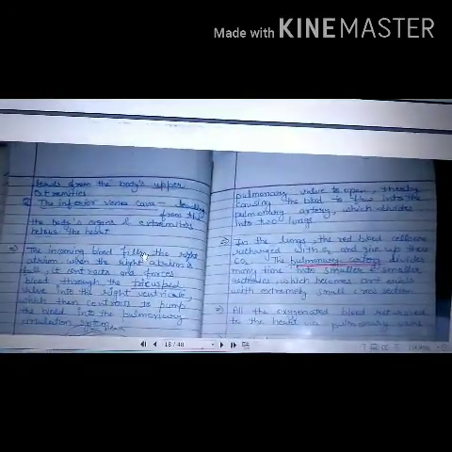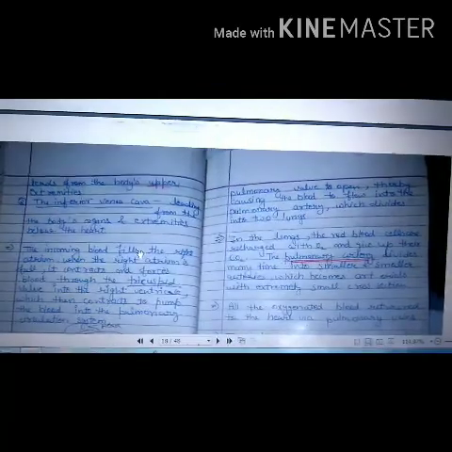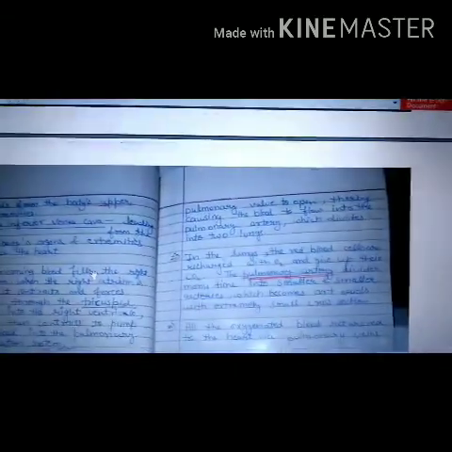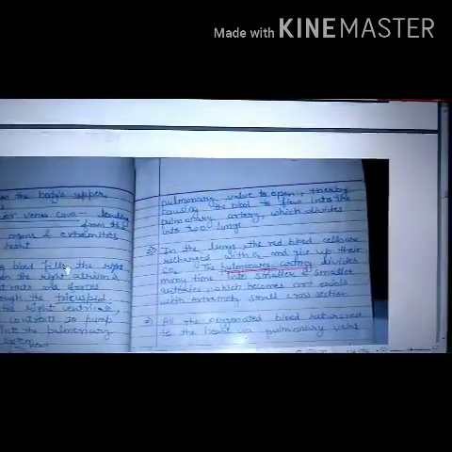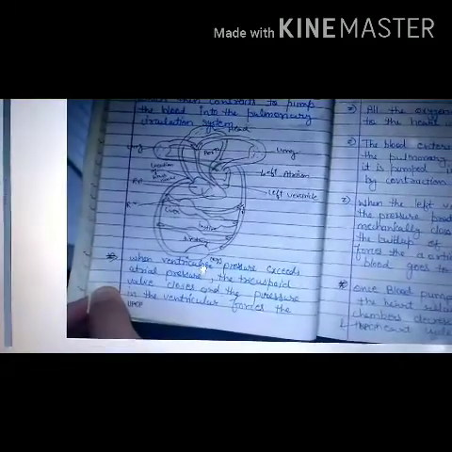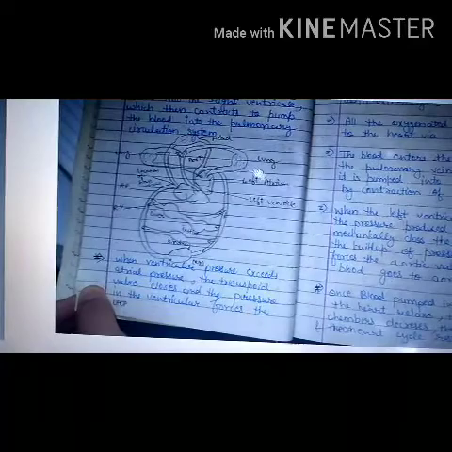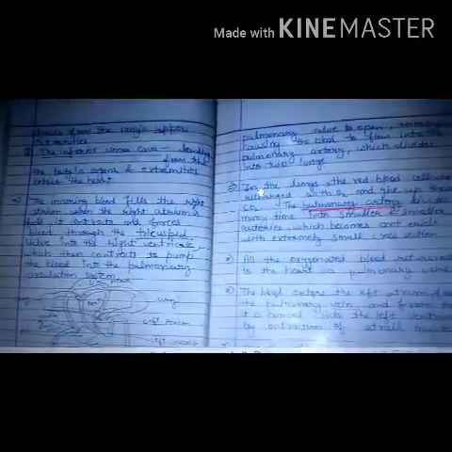It prevents the flow of blood back into the atrium. Now at this point, because of the high pressure, our pulmonary valve opens and allows the flow of blood into the pulmonary artery. Now the pulmonary artery is responsible for taking the blood to the human lungs for oxygenation purposes.